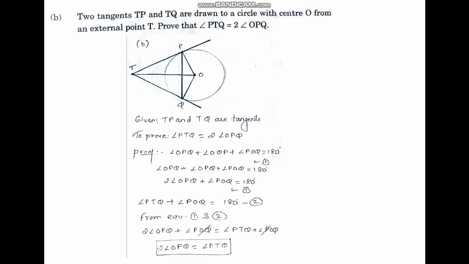That means the angles opposite to the equal sides are also equal. So 2 times angle OPQ plus angle POQ is 180 degrees. Now angle PTQ plus angle POQ is also equal to 180 degrees. On comparing equations 1 and 2, POQ cancels out, and hence it is proved that angle PTQ equals 2 times angle OPQ.